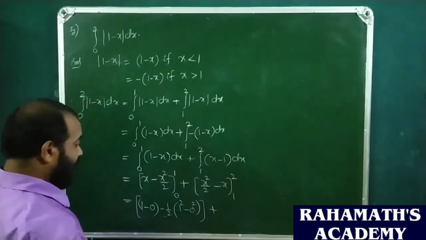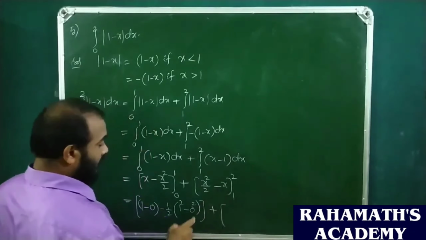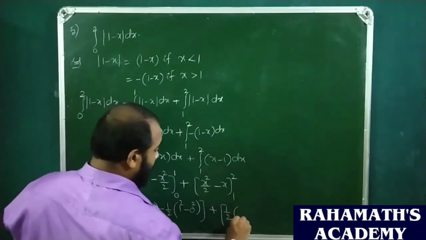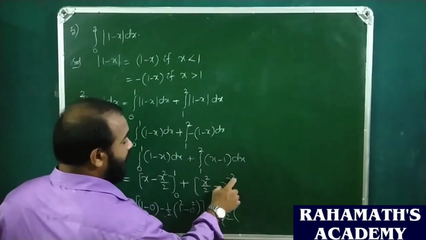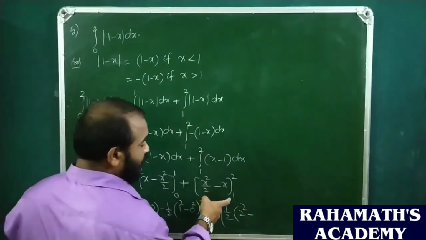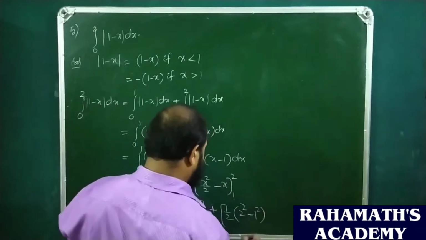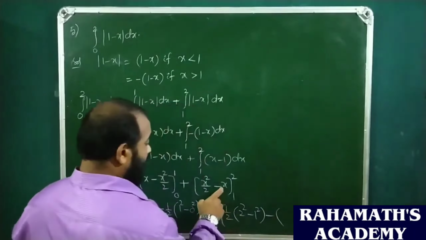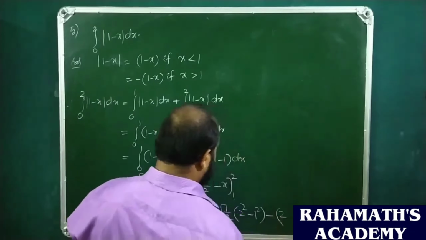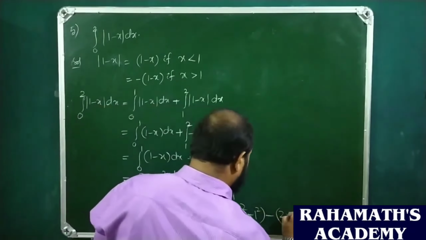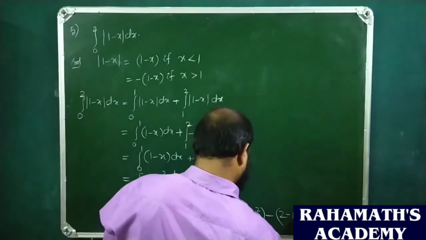Plus, here 1 by 2 taken aside, in the place of x square substitute upper limit 2 square minus lower limit 1 square, minus of, in the place of x substitute upper limit 2 minus, in the place of the same x, substitute lower limit 1.